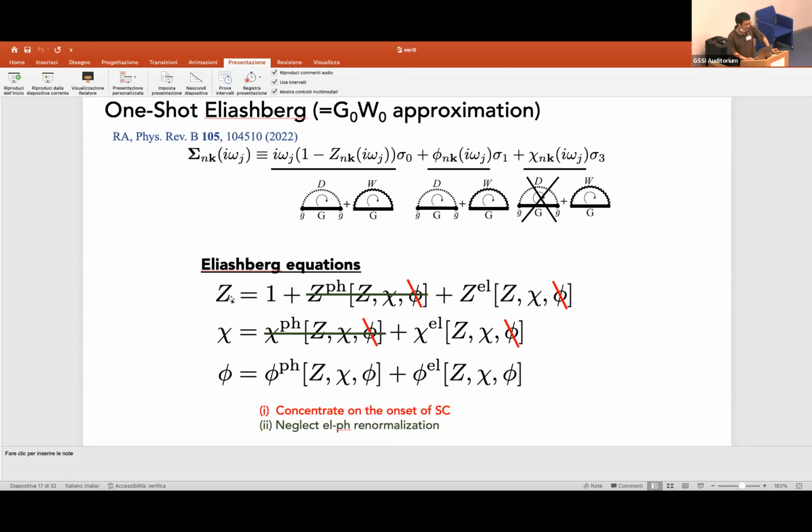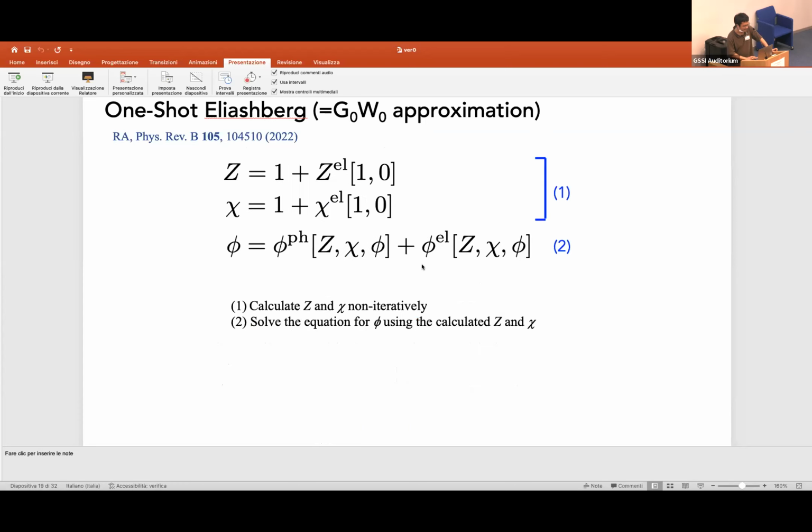I also neglect the electron-phonon renormalization effect in order to concentrate on the electron-electron renormalization. Finally, I execute just a one-shot calculation where I calculate Z and chi using the non-interacting values of Z and chi. Then we insert these Z and chi into the anomalous equation and solve it self-consistently. This approximation corresponds to the G0W0 approximation in the GW community.